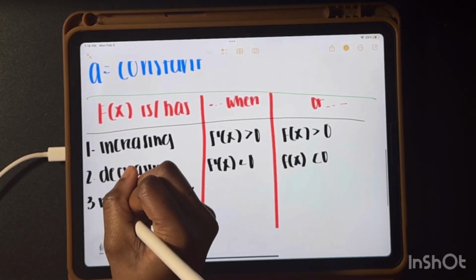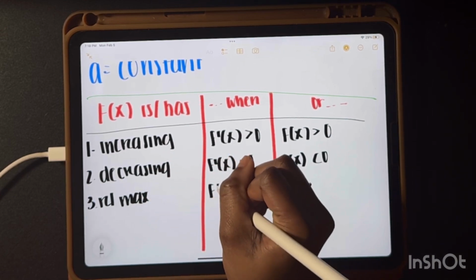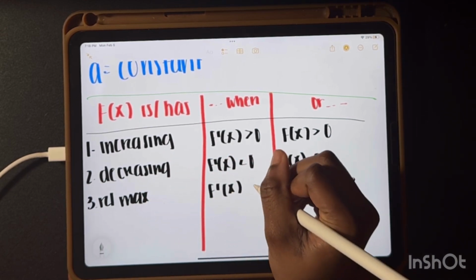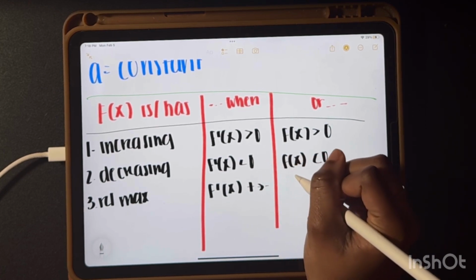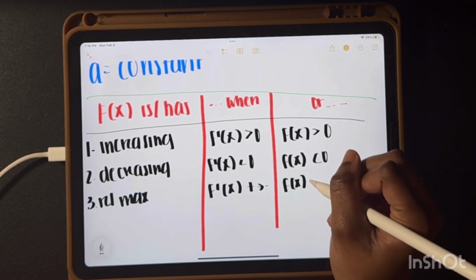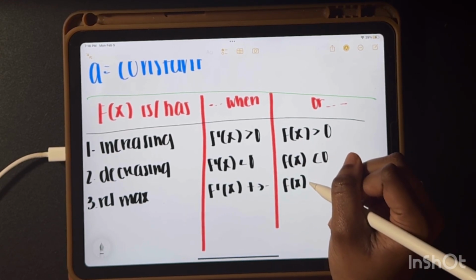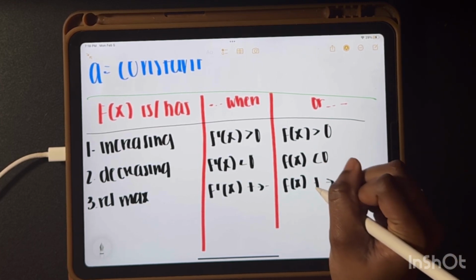When we're talking about our relative maximum, that means that f prime of x changes from a positive to a negative, and f of x also changes from a positive to a negative.